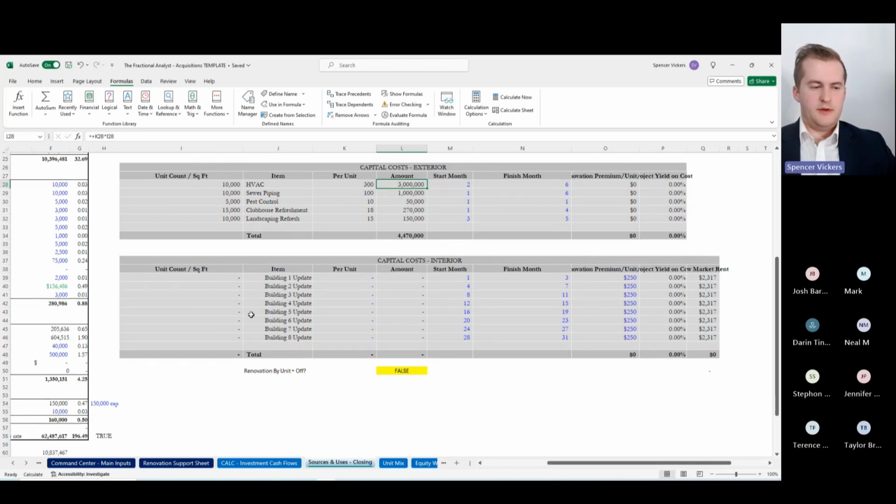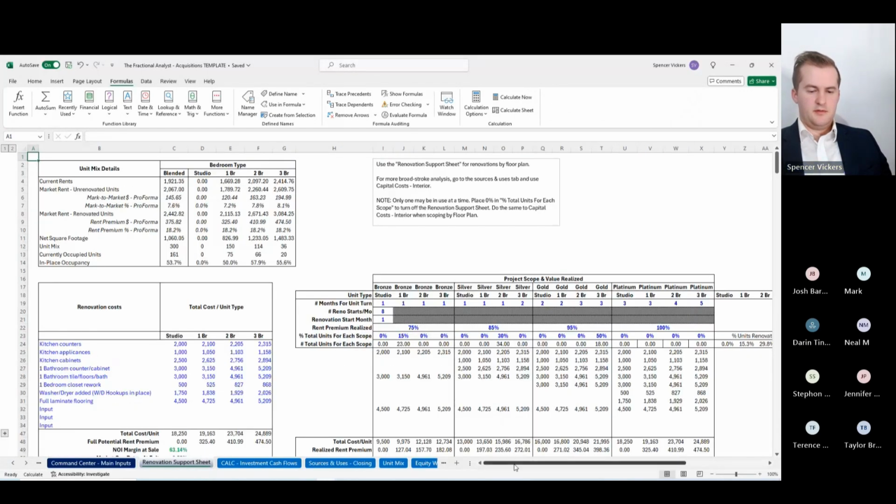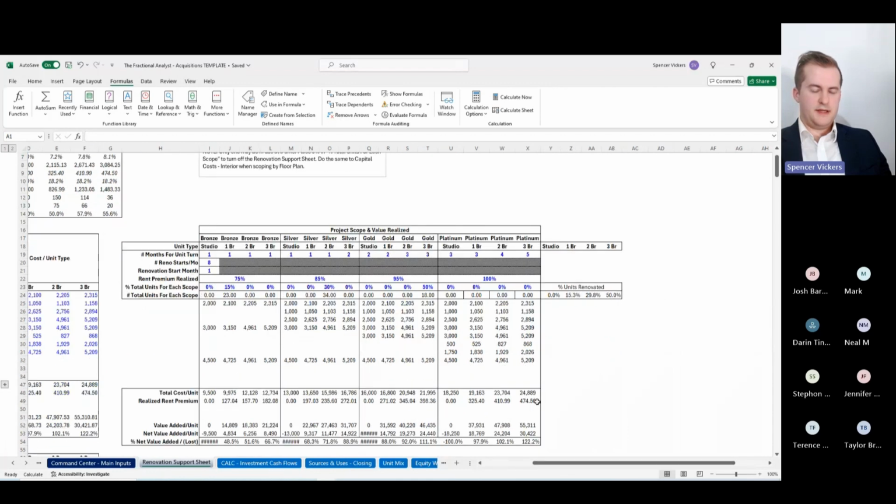To scope by building, this right here is currently saying renovation by unit equals off, and that's currently false. So what that means is our renovation by floor plan module is currently on. If we wanted to scope by building instead, we would come to our renovation support sheet and see which units are on. I'll go over the detail of this in a minute, but this is saying the percentage of these unit types that are being renovated.